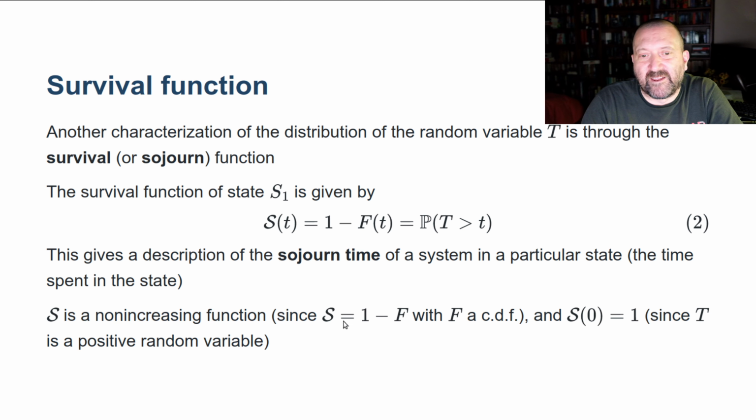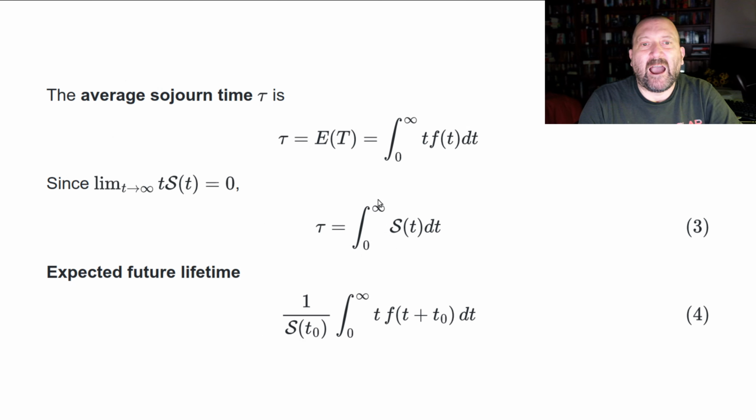Because it is 1 minus a cumulative distribution function, it is this time a non-increasing function. It takes the value 1 at 0 and decreases. The average sojourn time I can compute and find that it's given by this quantity.